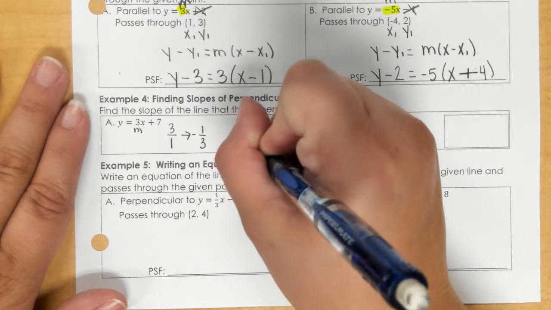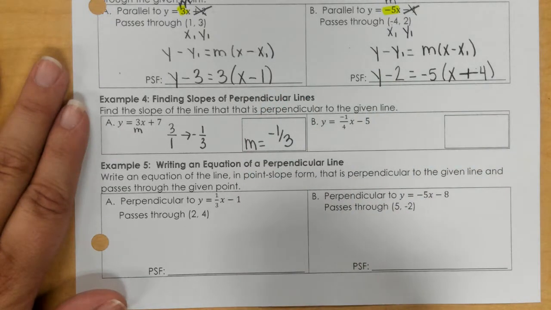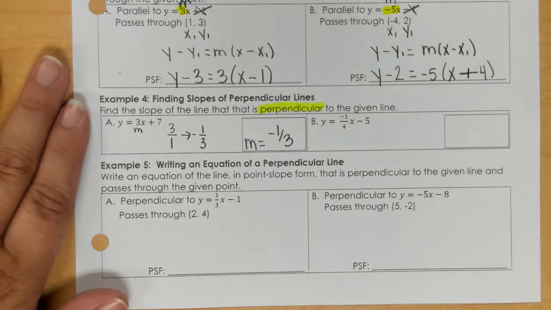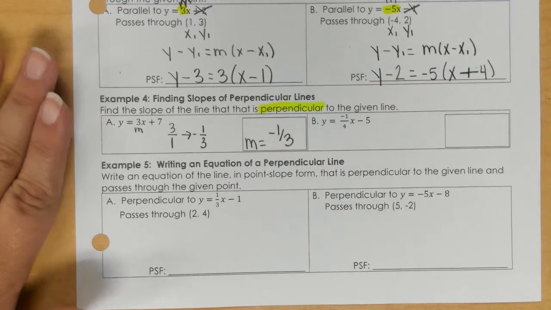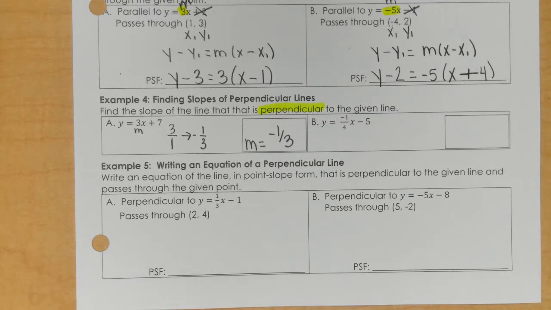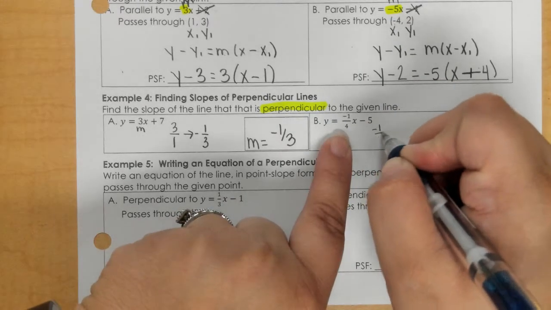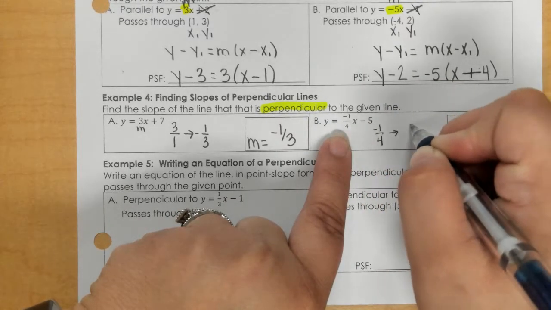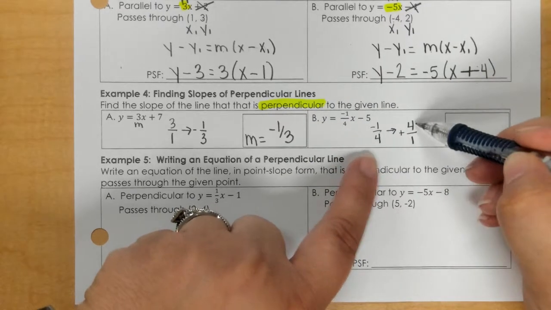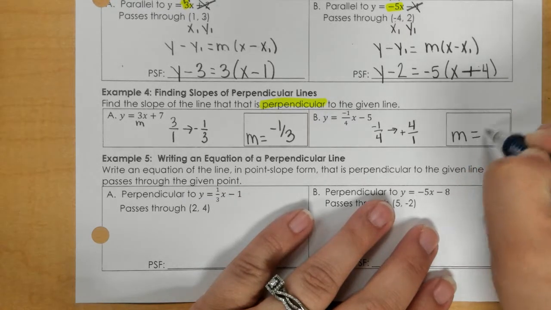So my new slope is a negative 1/3. So I saw that word perpendicular, and I think opposite reciprocal. Flip the fraction, change the sign. Flip the fraction, change the sign. So I've got negative 1/4. I flip it, and I keep it positive. So 4 divided by 1 makes a positive 4.